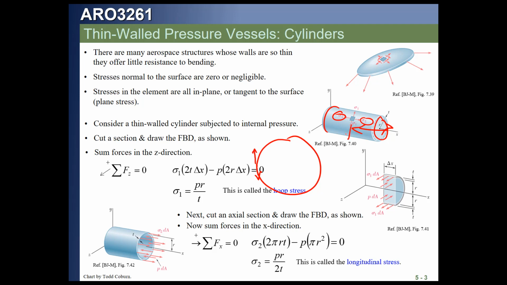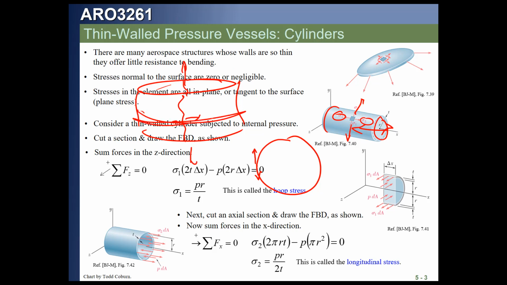If you imagine a big barrel full of liquid, you can see that the internal pressure is trying to rip it apart along this surface here. That's our hoop stress. And if we had the ends capped and filled it with pressure, then the force acting this way would tend to blow it apart this way, and that's our longitudinal stress.